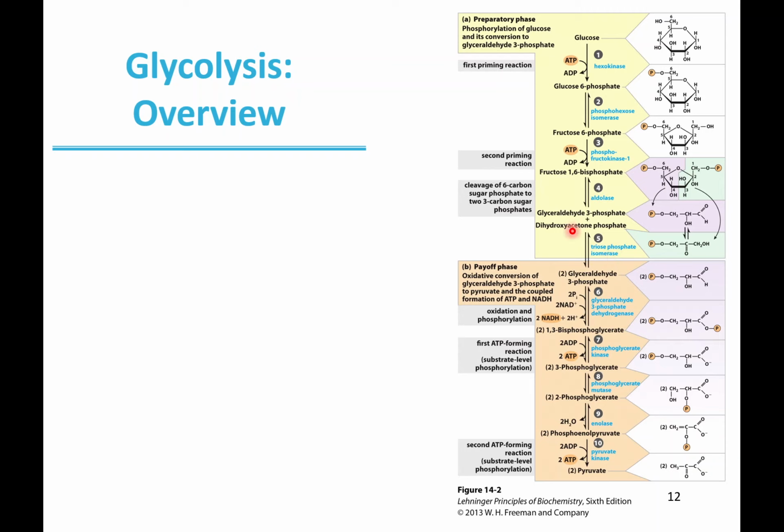On an exam, I'll probably stay consistent, since these are figures from our book. We'll just call it the first 5 steps, I guess. The payoff phase is the next, steps 6 through 10, and that's where you get energy out. So in the first 5 or 4 you're putting in energy, and in the last 5, 6 through 10, you're getting energy out.